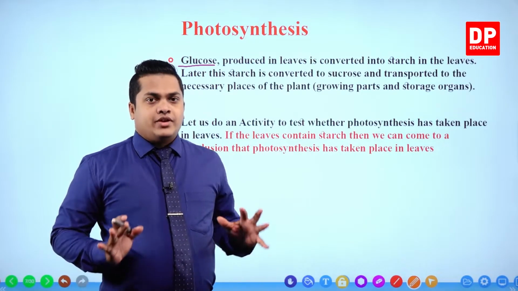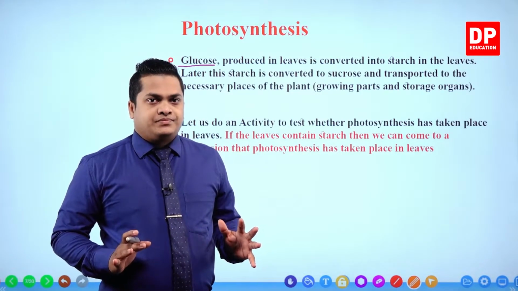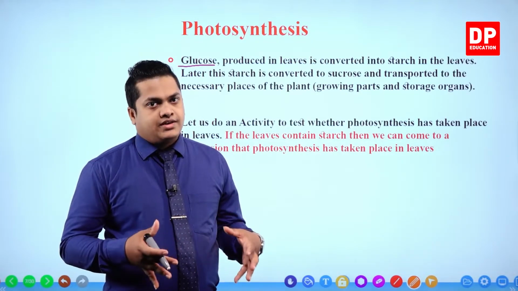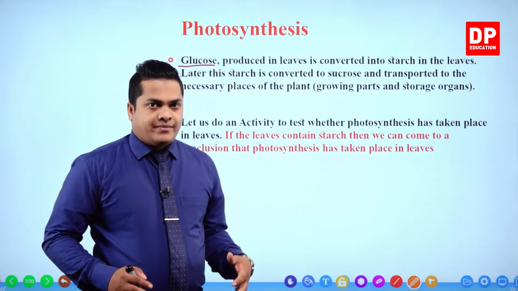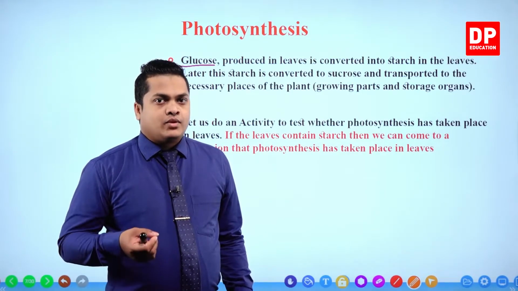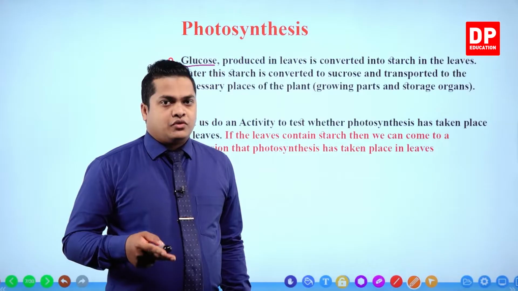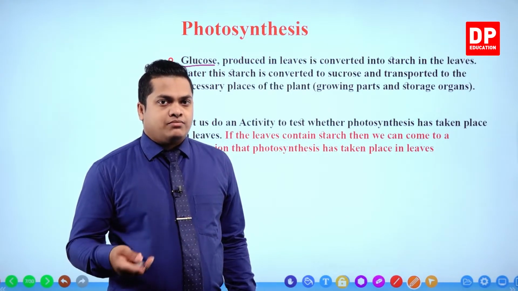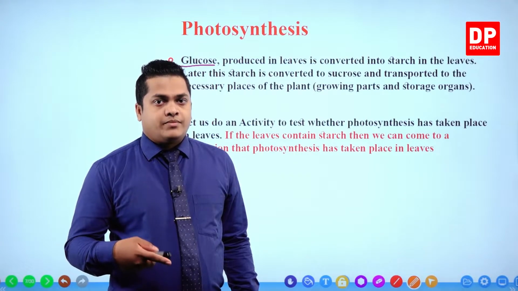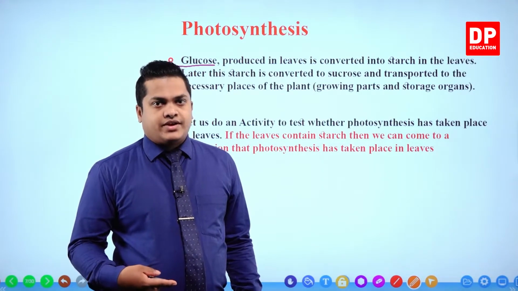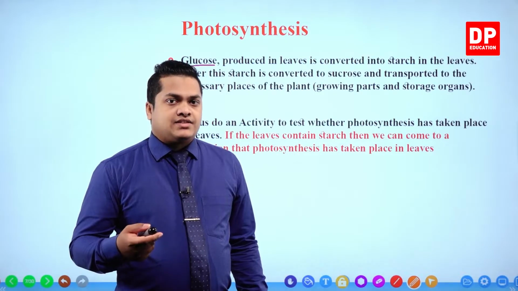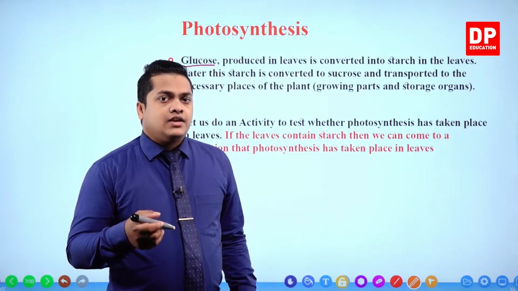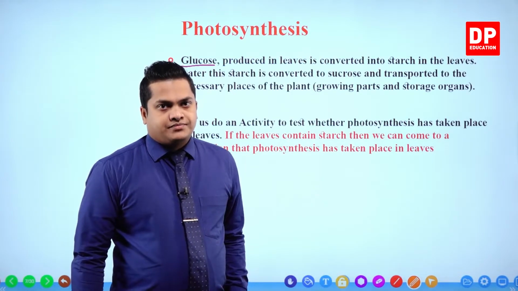Now you know that during the photosynthesis process, glucose is the main product which is getting created. Now in the earlier chapter, we discussed what factors are essential for the photosynthesis process, and how a plant absorbs these materials. There are three materials, and there is an energy source as well, right?